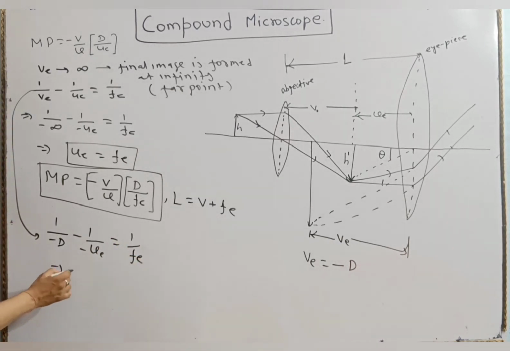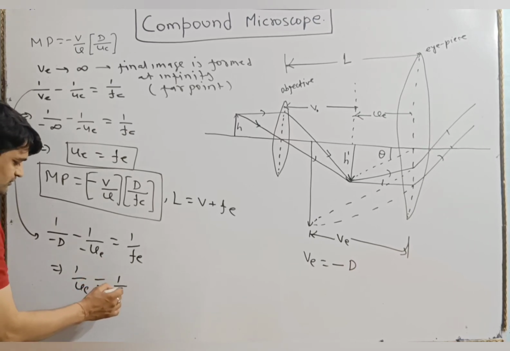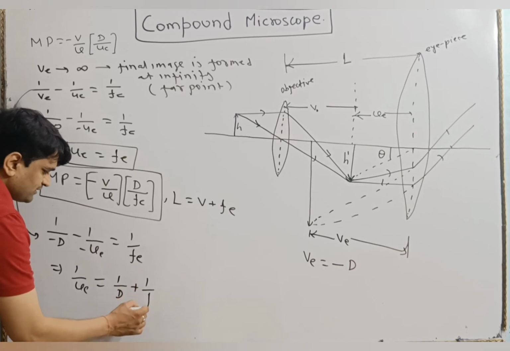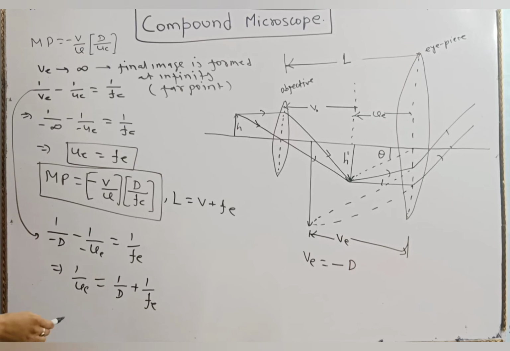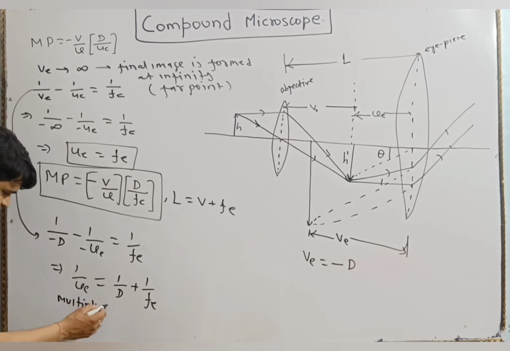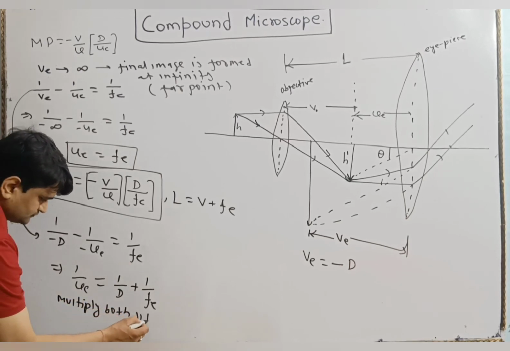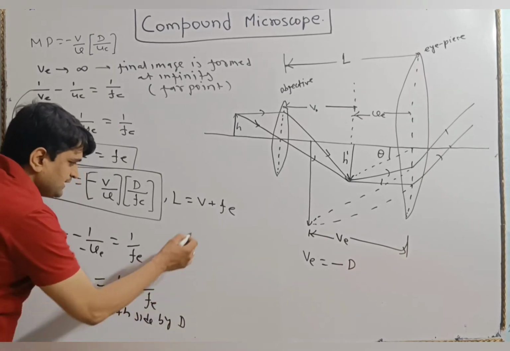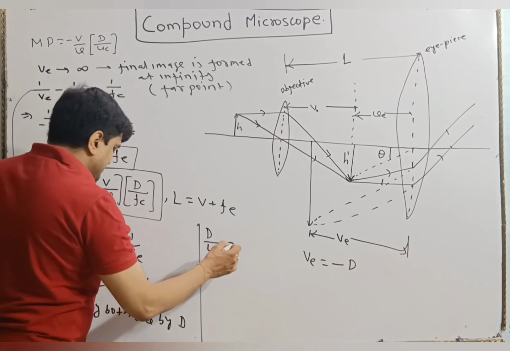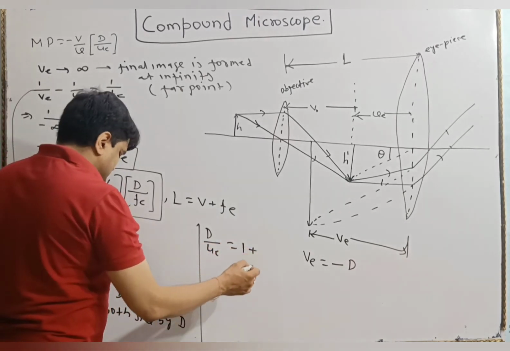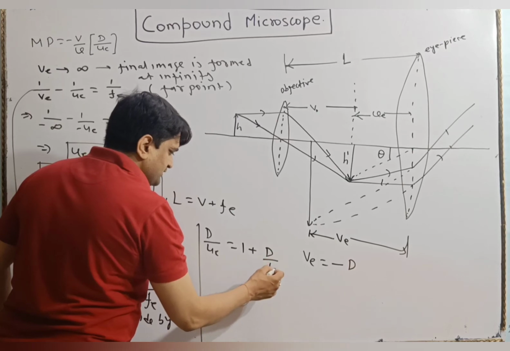From here, 1 upon UE will be equal to 1 upon D plus 1 upon FE. But in magnifying power, D upon UE is there. So multiply both sides by D. Then we will get D upon UE equal to 1 plus D upon FE.